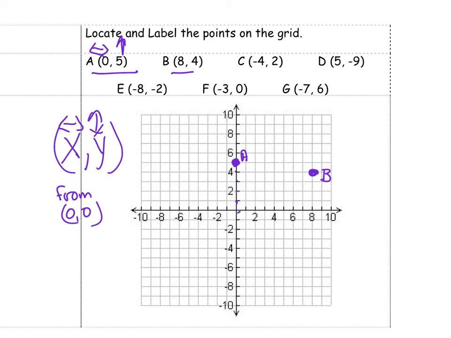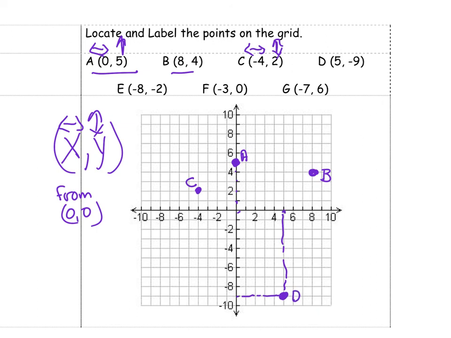So again, it's always going horizontally first and then vertically. So negative 4, 2, closed circle right at that grid point, and then write the letter next to it. D, we have to go over to a positive 5 and then down to negative 9. So if we drew our lines, it's where they would intersect. So we're going to put the closed circle there and D.